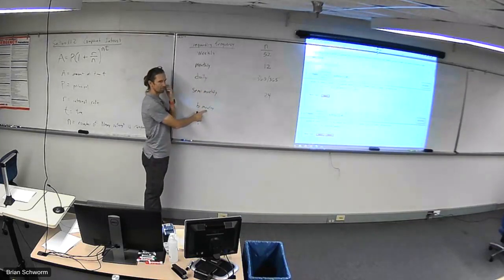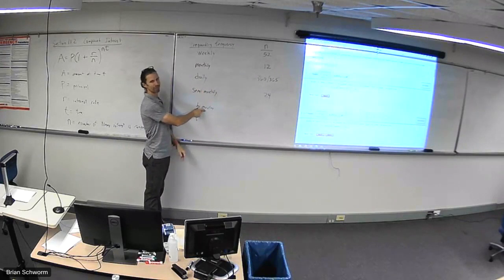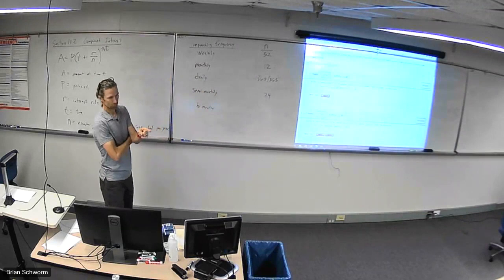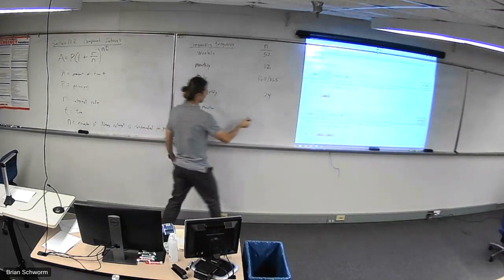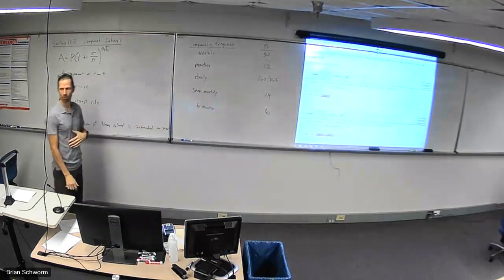Bi-monthly means something different. Bi means 2, so every 2 months, look at how much money is in the account, add in interest. So if they do it every 2 months, every other month, that'd be 6 times a year. It's easy to get these confused, so that's why I wanted to point those out.